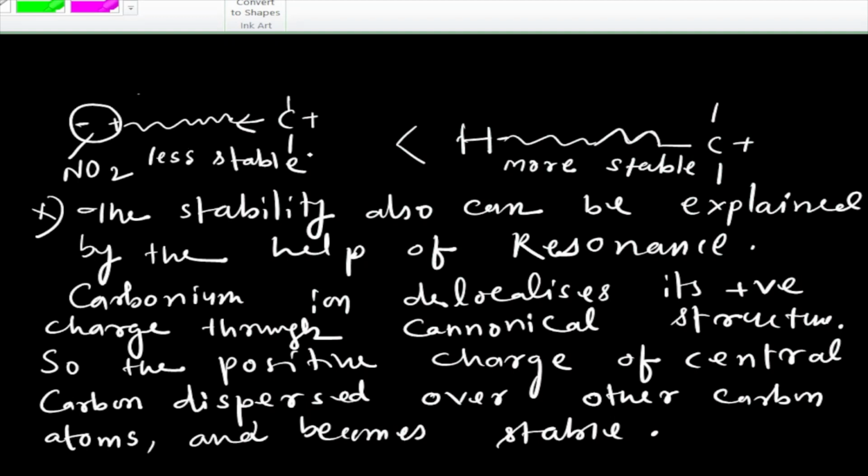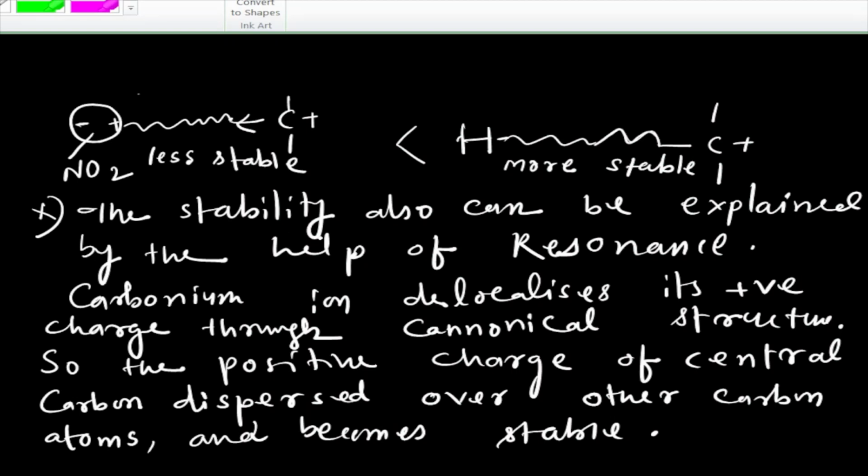It is less stable. Whereas if hydrogen is attached instead of any group, then what happens? It is more stable, when you compare it to the electron withdrawing group attached to the carbonium ion. So what is the meaning? That means if a nitro group is attached, it is less stable.